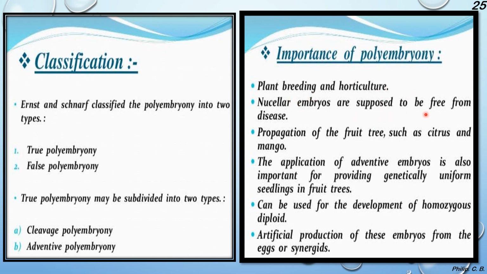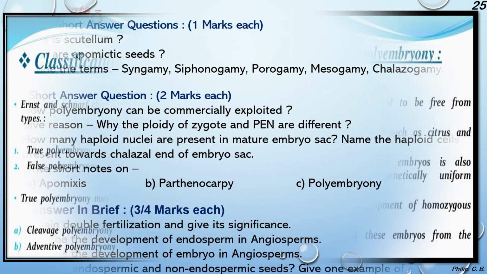Nucellar embryos are supposed to be free from disease. Propagation of fruit trees such as citrus and mango. Application of adventive embryos is also important for providing genetically uniform seedlings in fruit trees. It can be used for development of homozygous diploids, and artificial production of these embryos from the eggs or synergids. So these are the important points.